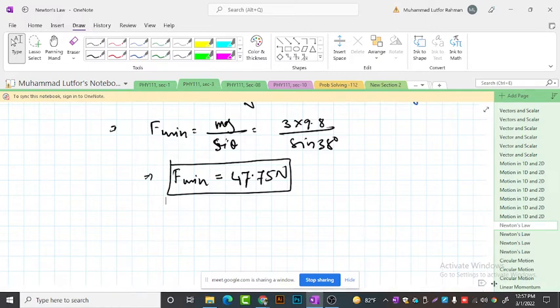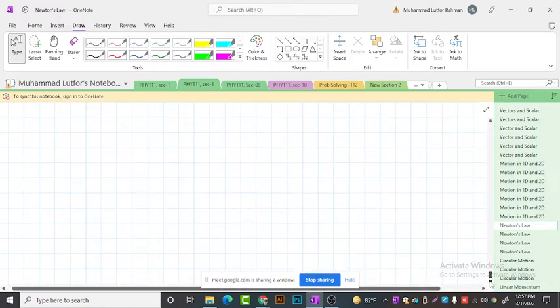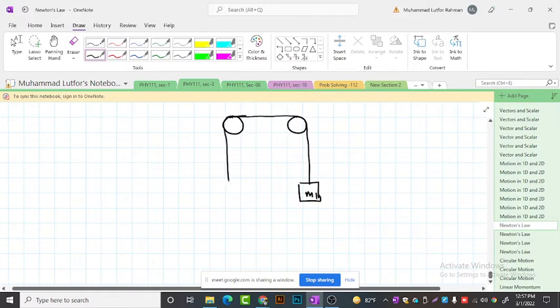All right, let's talk about the mass pulley system, which is the classical pulley system. There are two pulleys. Remember, it's a massless and frictionless pulley we are considering here. We have two masses, M1 and M2, connected by a massless string.